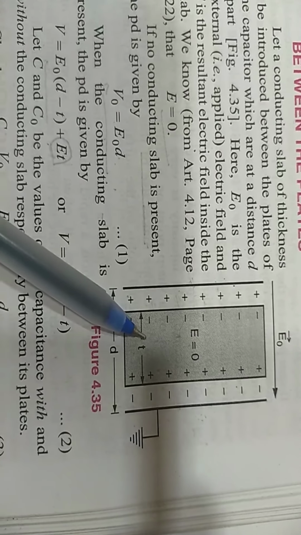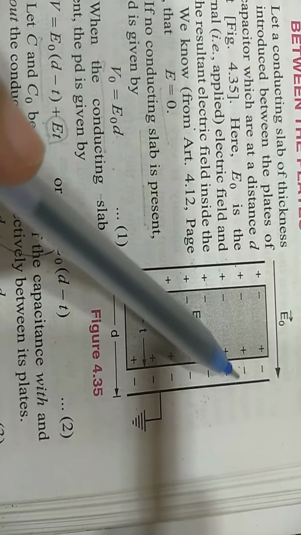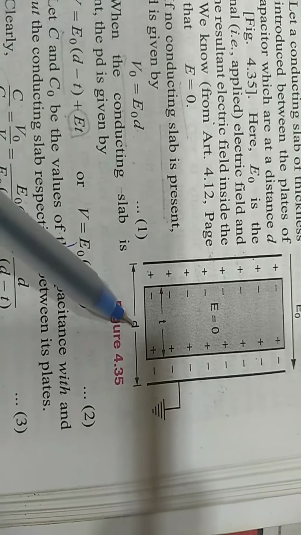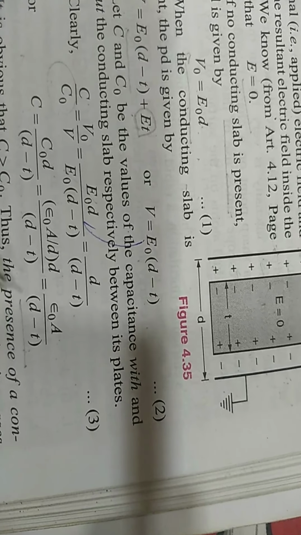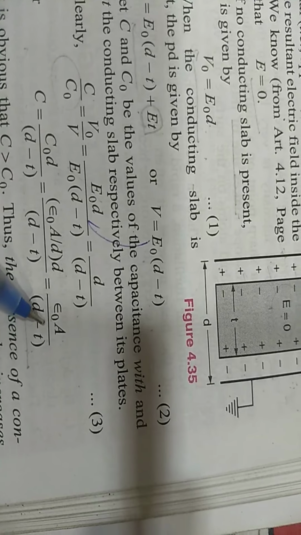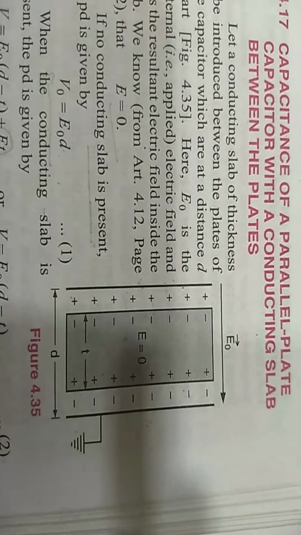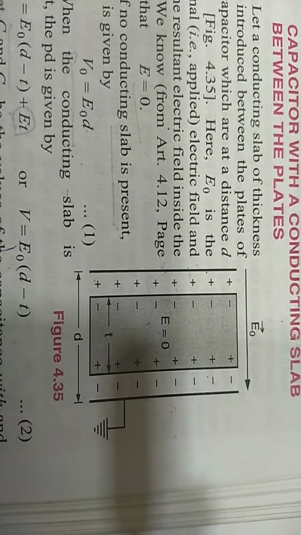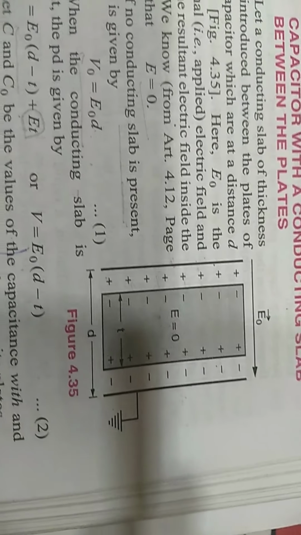Again I repeat, instead of T thickness, if the conductor is throughout the gap, that is, D thickness, then T will be equal to D and the capacitance will become infinite. So when you introduce the conductor completely between the gap of a capacitor, the capacitance becomes infinite.